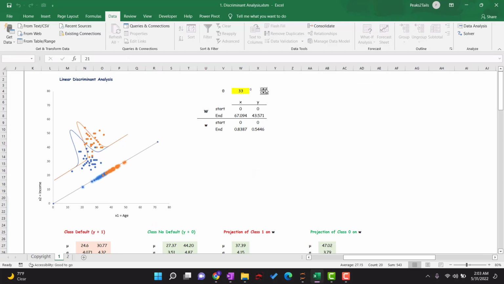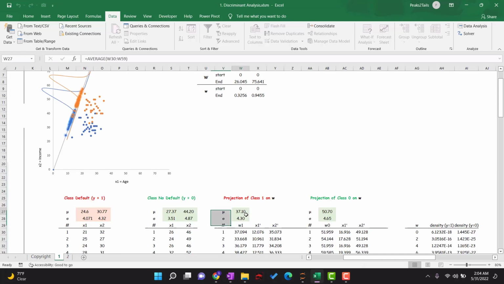Okay, this is where the maximum separation happens. So the mean of this red one is at 37.1 and this one is 50.7. Okay, so class 1, I think class 1 is the orange one.